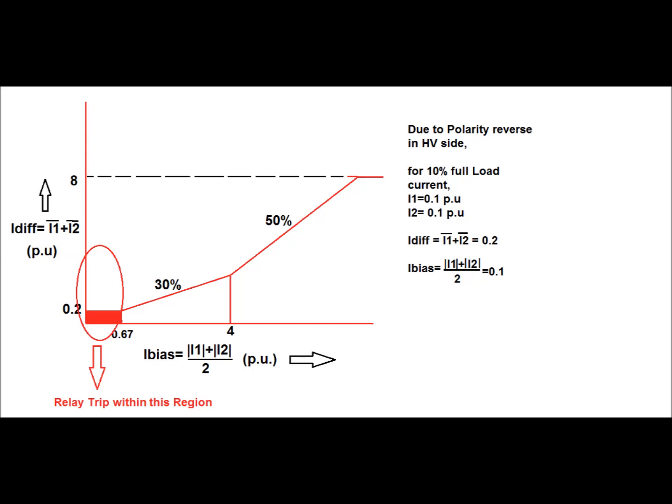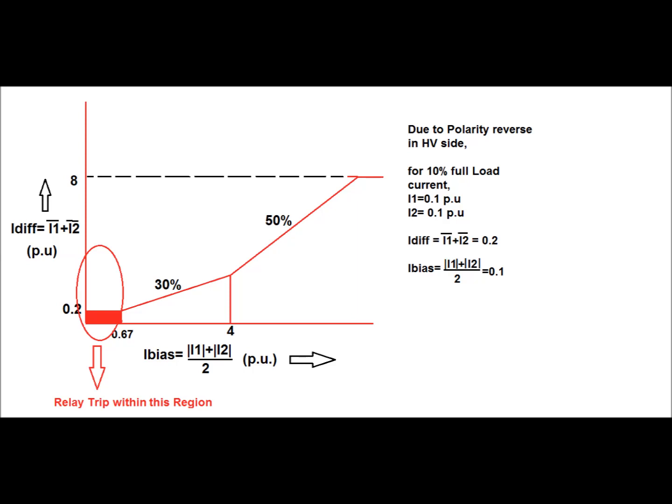Since on the HV side the CT polarity of all the CTs is reversed, for the red, yellow and blue phases the differential currents are additive in nature, that is I1 plus I2, the vector sum of the currents I1 and I2, comes to 0.2 per unit, and the I bias current is the average of the two currents, that is 0.1 per unit.